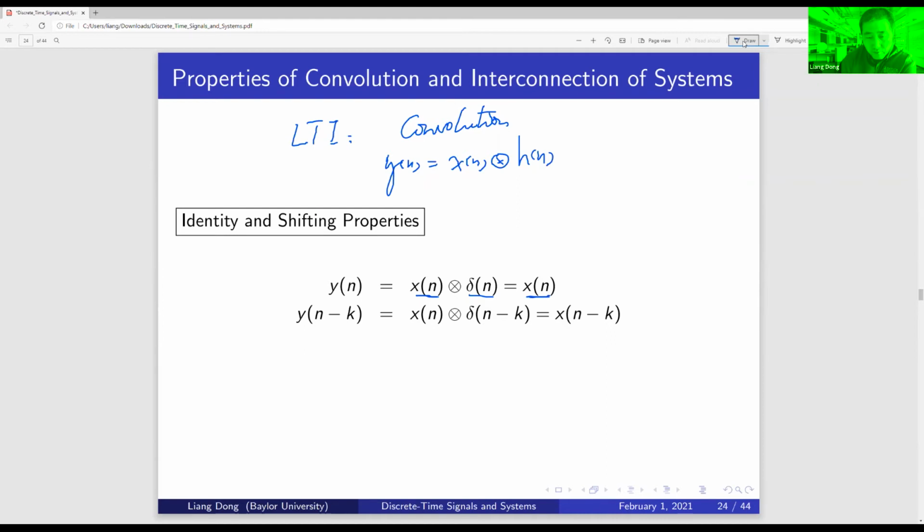And we did that before: hn convolved with delta n equals hn. We also have the shifting property: xn convolved with delta n minus k equals xn minus k, because of the property of the delta function. We pick up the signal x exactly at time n equal to k.